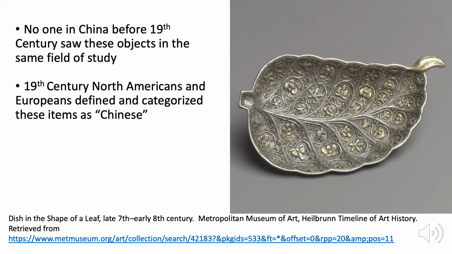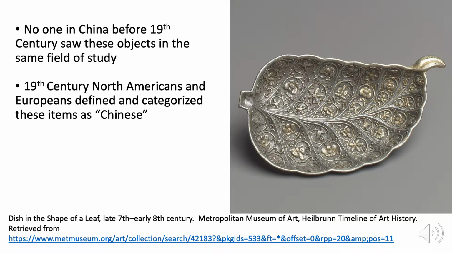Okay, so no one in China before the 19th century saw these objects in the same field of study, which I know is kind of a surprising statement. But what I mean by that is that people in China used these objects for so many different purposes. For example, we have a dish in the shape of a leaf from the 7th to the early 8th century. This would have been a decorative serving piece that a wealthy family had.